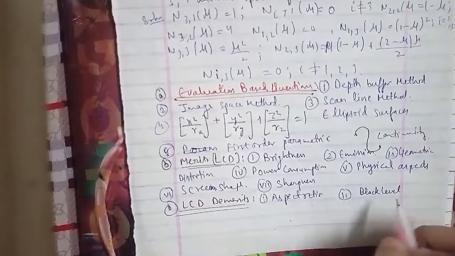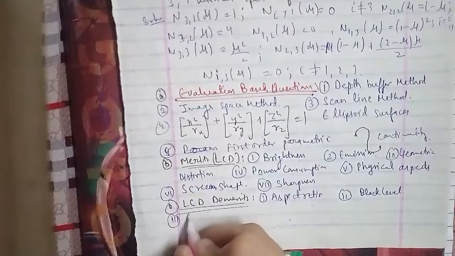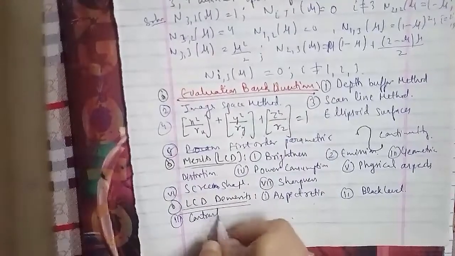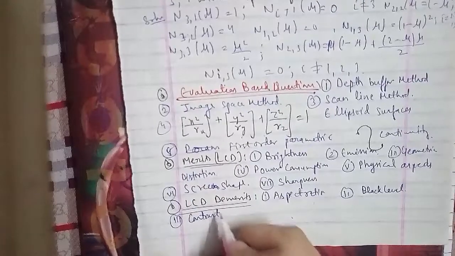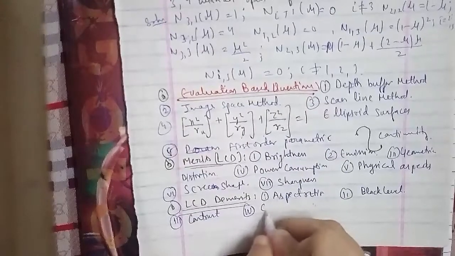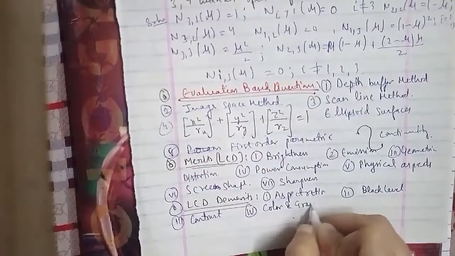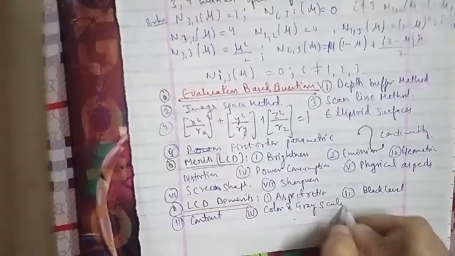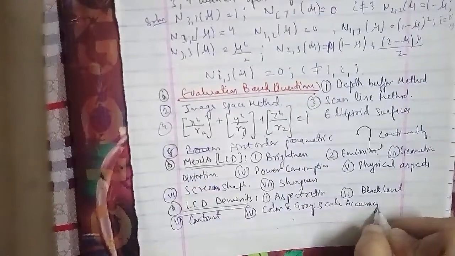The next is grayscale. It has an irregular intensity scale and typically produces fewer than 256 discrete intensity levels; for some LCDs, portions of the grayscale may be dithered. The seventh is motion artifacts.